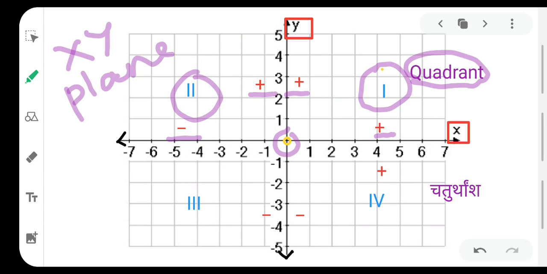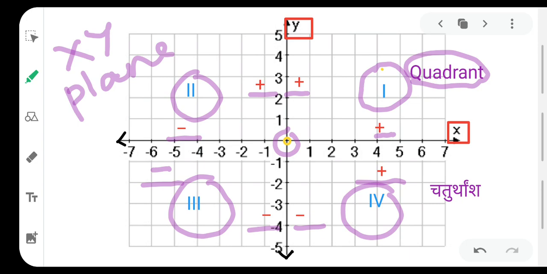In the third quadrant, both X and Y-axis have negative numbers. And in the fourth quadrant, X-axis has positive numbers and Y has negative numbers. So we see the first quadrant is the best area where everything is positive. And the third quadrant is the most negative quadrant where everything is negative.